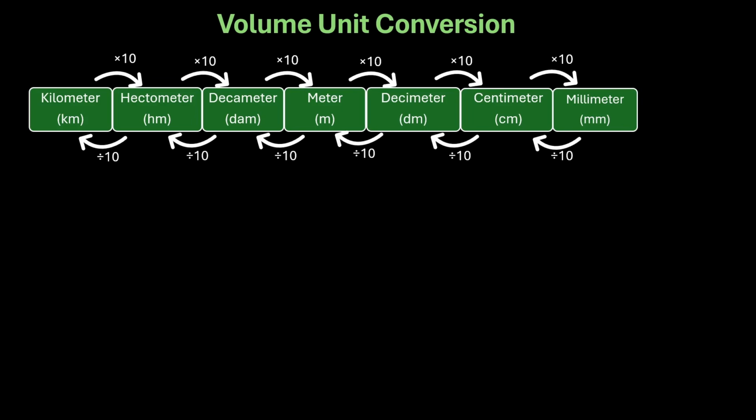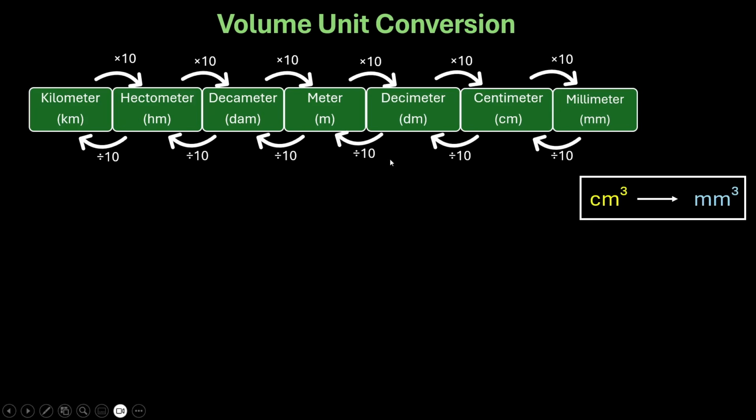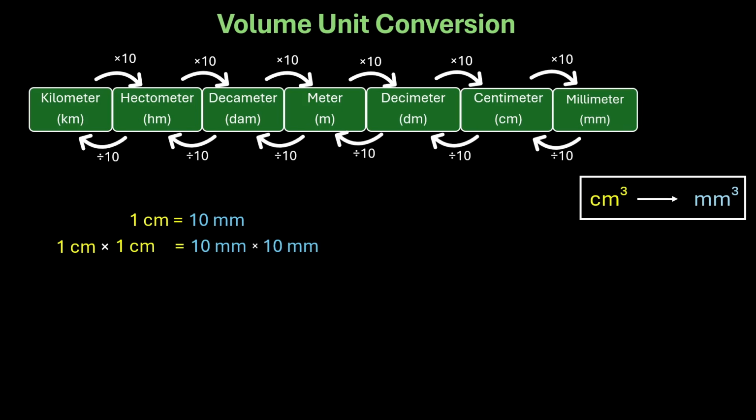So let us first try converting centimeter cube to millimeter cube. Now we know from this chart that 1 centimeter is equal to 10 millimeters. How about if I multiply 1 centimeter with 1 centimeter? That would mean 10 millimeter into 10 millimeter, right?